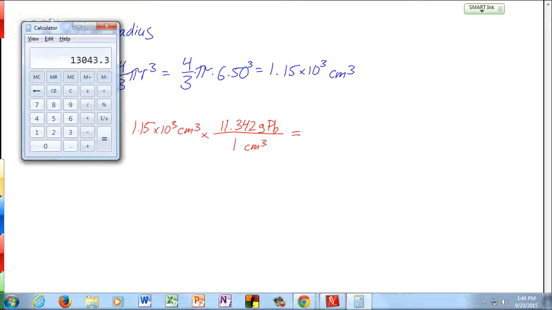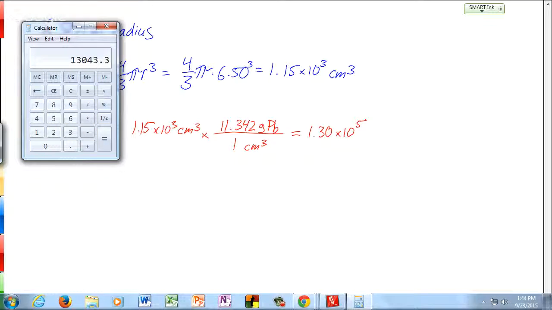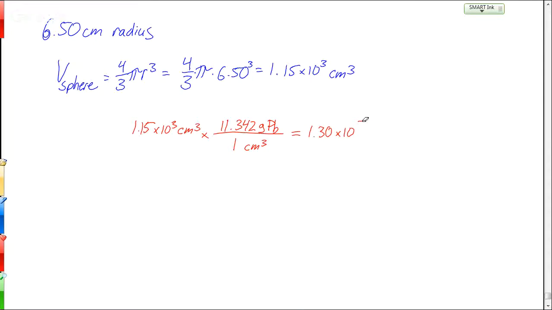Okay, that's going to be 1.30 times 10 to the 5th. Wait, 4th, sorry. So that's the mass of lead that we need for the sphere.